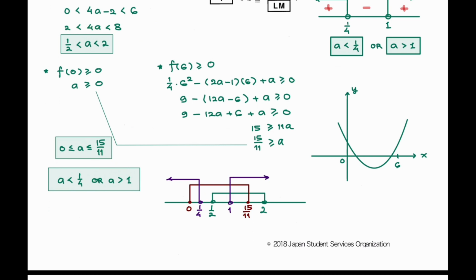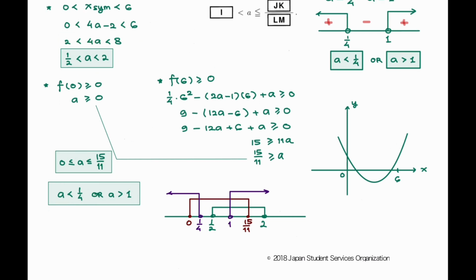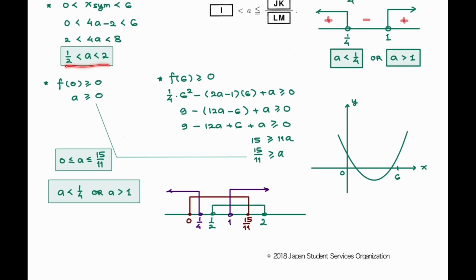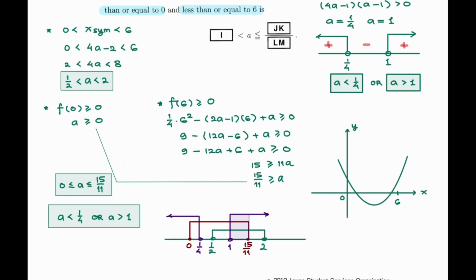From this number line, you can deduce that the region where the value of a satisfies all these three inequalities is somewhere here. So my solution, or my range of a, is from 1 until 15 over 11 inclusive.